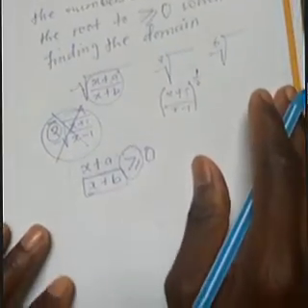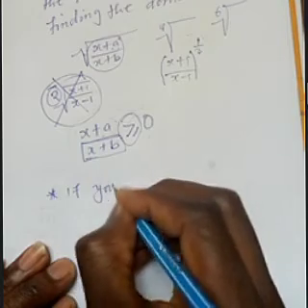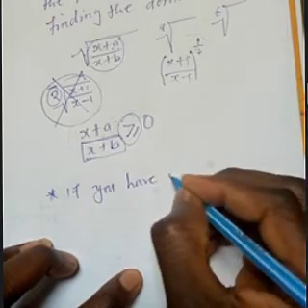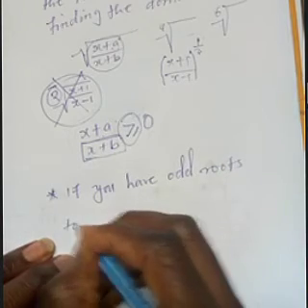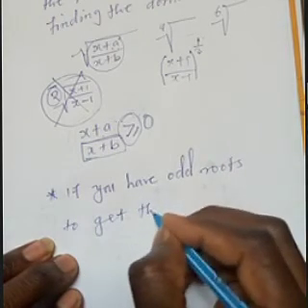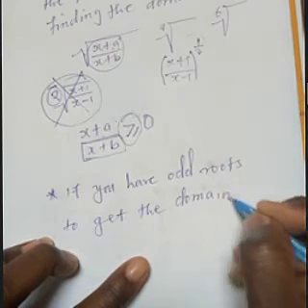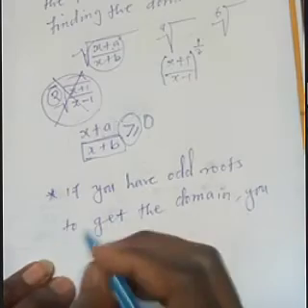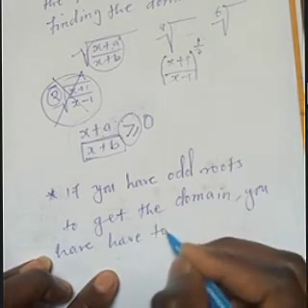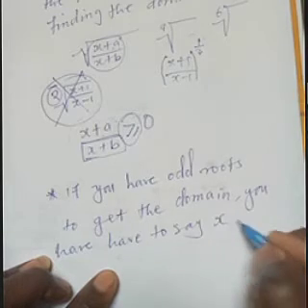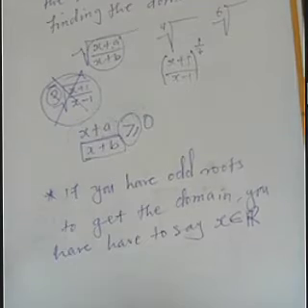The other point you have to know: if you have an odd root, to get the domain, you just have to say x is a member of all real values. Simple.